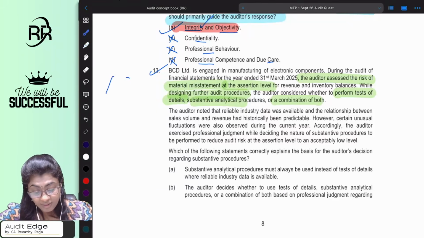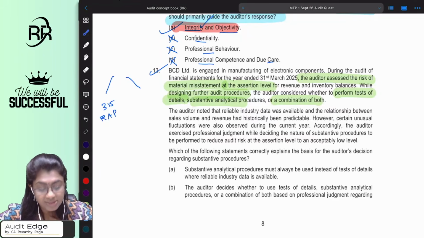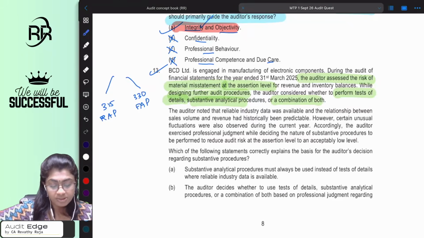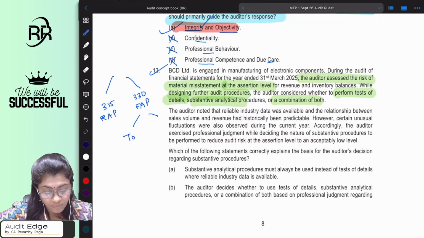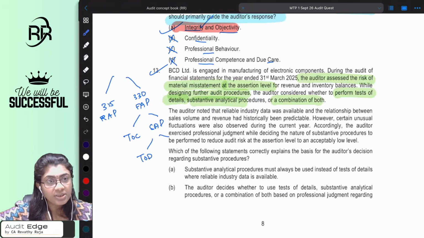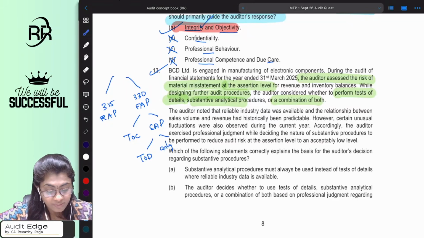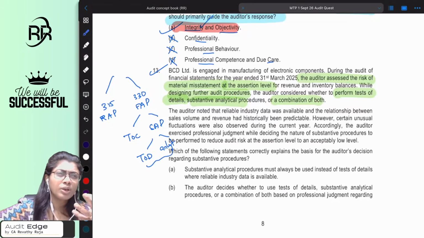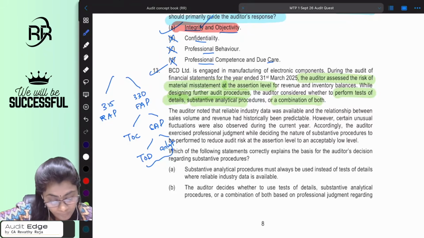See, we have already learned this, we recapped. In SA 315, you perform risk assessment procedures to assess risk. In SA 330, you perform further audit procedures as a response to risk. In that, you perform TOC and SAP. SAP means substantive audit procedure. In SAP, you perform test of details and substantive analytical procedure. You can do a combination also.